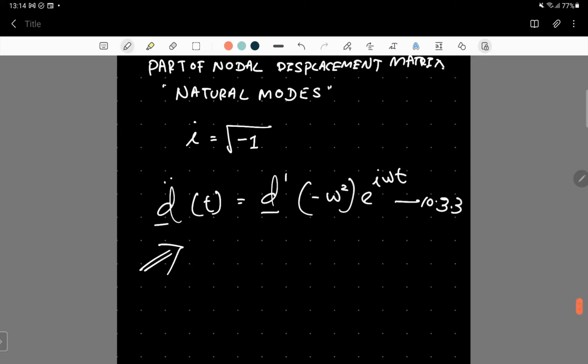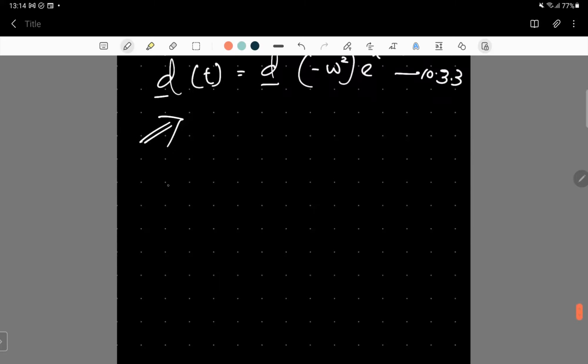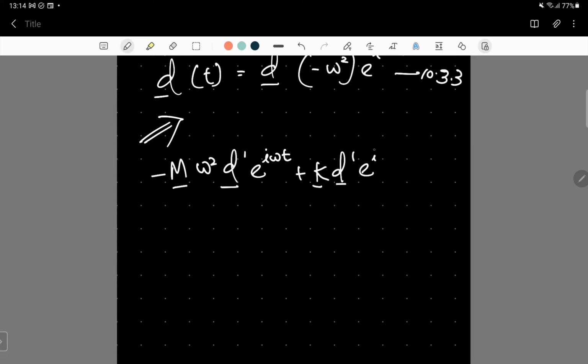Once we do the substitution, we will get minus M omega squared d dash e to the power i omega t plus K d dash e to the power i omega t is equal to 0.